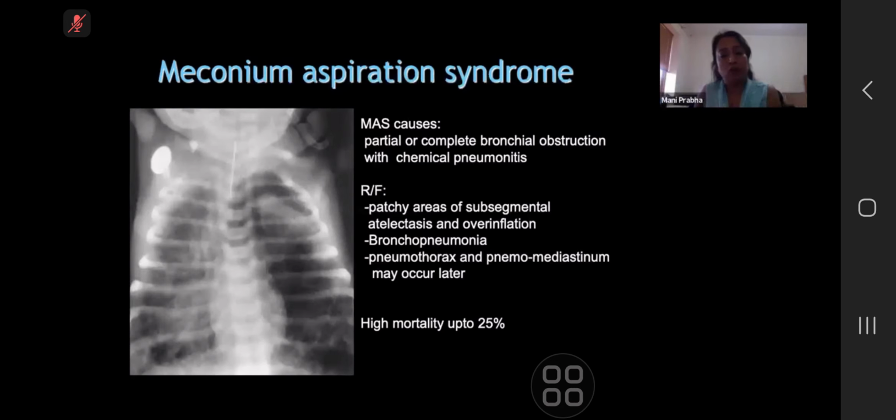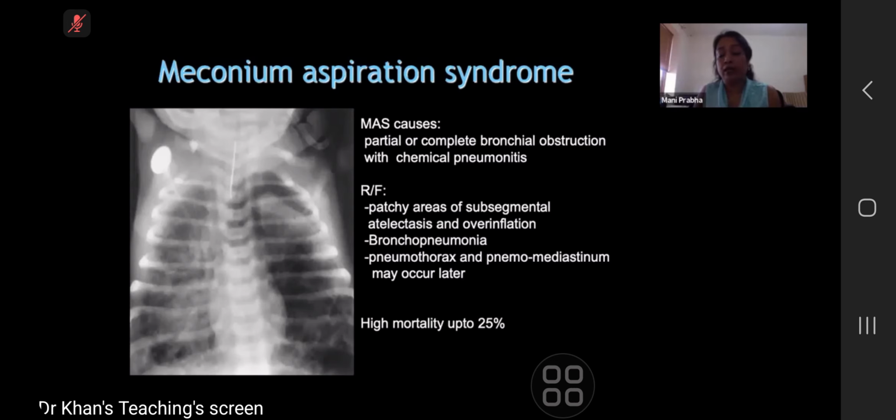And as a result of blockage, we can see areas of subsegmental atelectasis combined with areas of overinflation. And due to overinflation, sometimes there is a leak of air into the pleural space or mediastinum. That's why we see pneumothorax and pneumomediastinum.